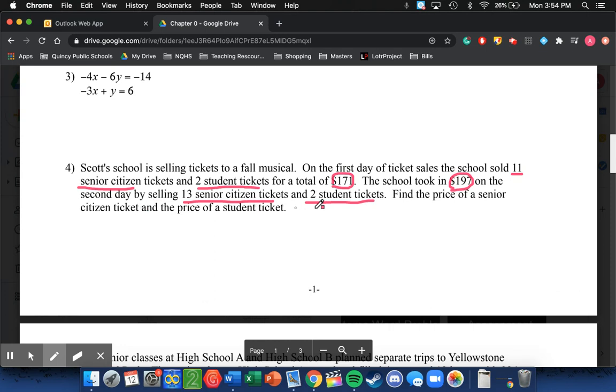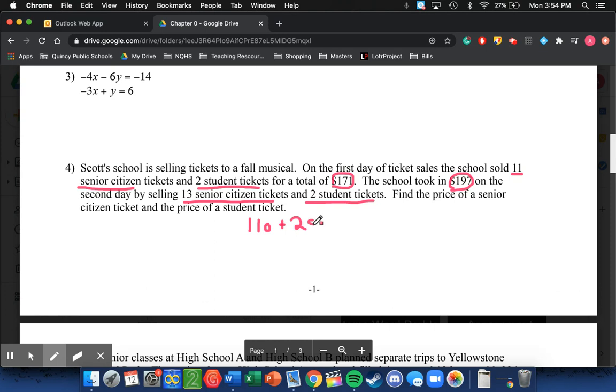So what I can set up here based on the information I was given is that it was 11. We'll call the senior citizen ticket O for old people. Okay, 11O plus 2, we'll do S for student.